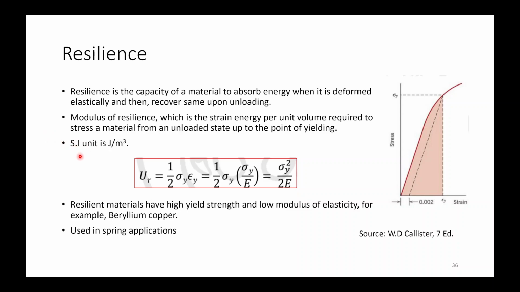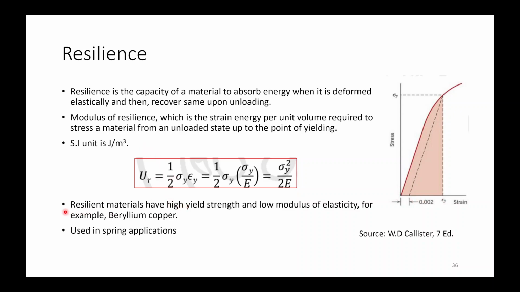The SI unit is joule per meter cube. This is the formula that is used. Up to this point is your yield strain, epsilon y, times your sigma y, the yield stress, and as it is a triangular type of shape, it is multiplied by half.